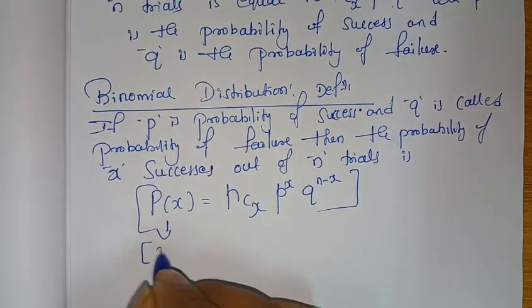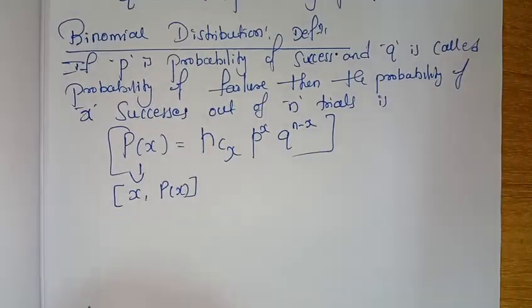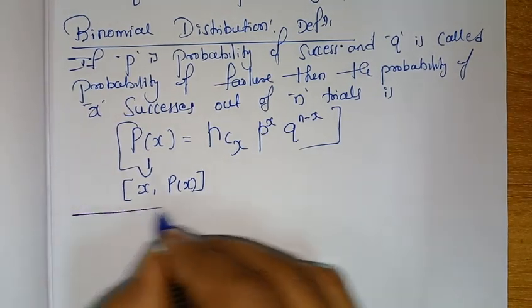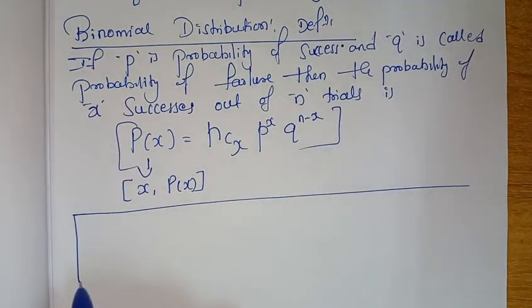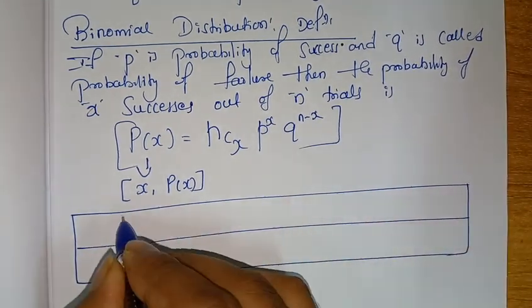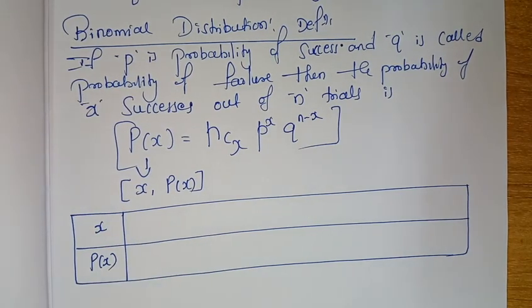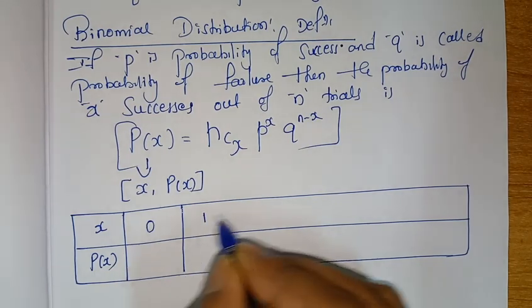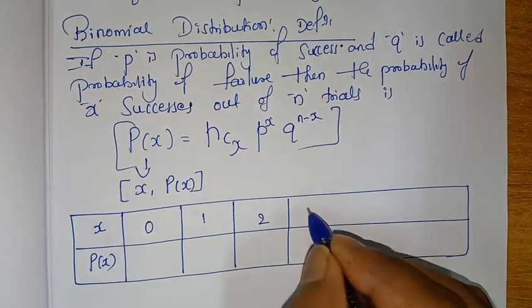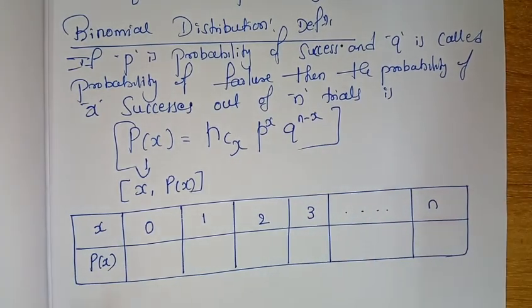The distribution table is always in the form of X comma P of X. How will we write the probability distribution table? Let it be X and P of X. X takes the values 0 to n because we have up to n trials here: 0, 1, 2, 3, and the corresponding probabilities.